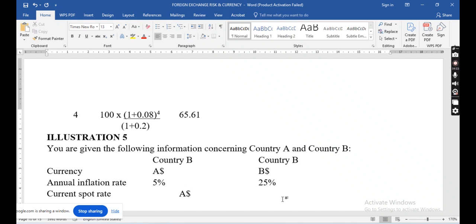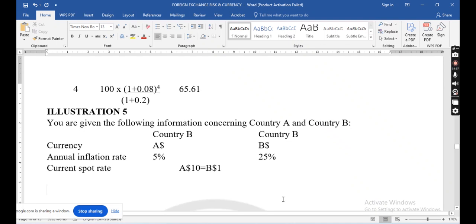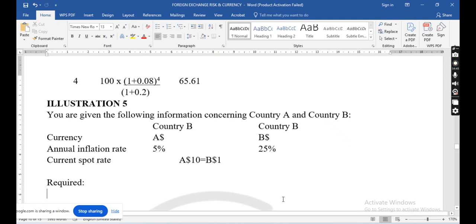Okay. Today we talked about purchasing power parity and interest rate parity. And you said the purchasing power parity has to do with when there's an inflation on the currencies. And then interest rate parity looks at the interest on both of the currencies.